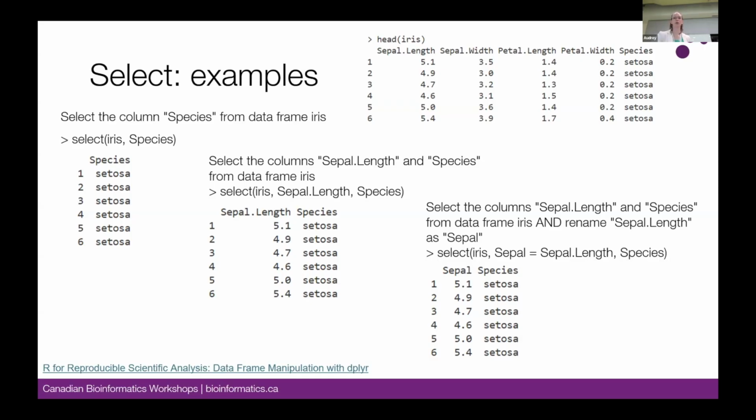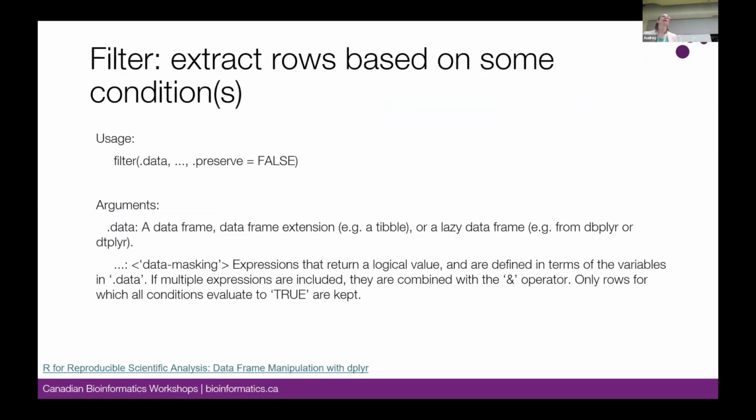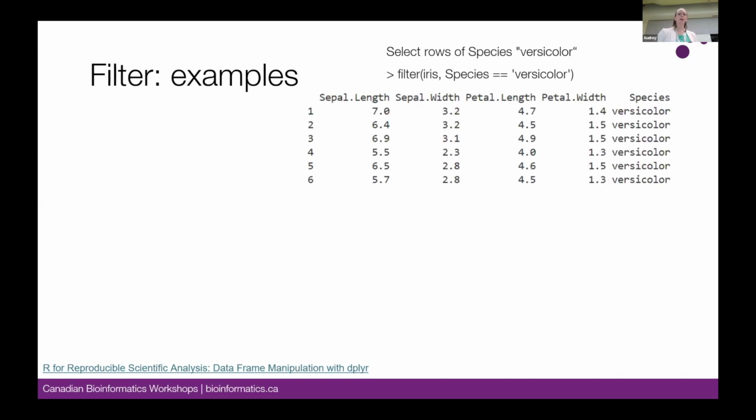This is the first function. But instead of selecting columns, we can also select rows based on some conditions that they need to fulfill. This is done with filter. Again, the first argument of filter will be the data frame that you want to manipulate, and after that, you put your condition. If we want to select all rows with a specific species, you say that you want to filter iris based on the species.